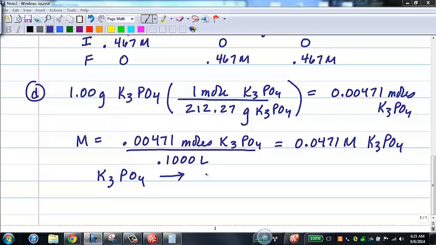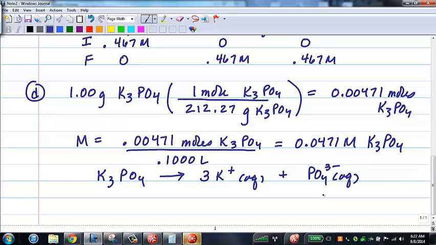And it's going to break apart into 3 potassium ions, but just 1 phosphate ion. Oops, that's a -3. So if initially the concentration of K3PO4 is 0.0471, then after it all breaks apart, its concentration is going to be 0 because it's a strong electrolyte, all of it will break apart.